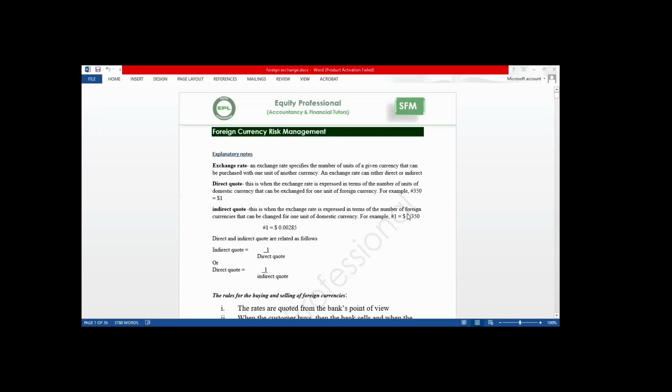Now, the first question is, what is exchange rate? Exchange rate can be defined as the number of units of one country currency that can purchase 1 unit of another country currency.